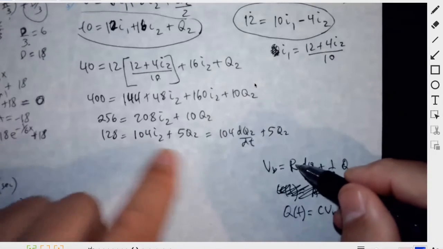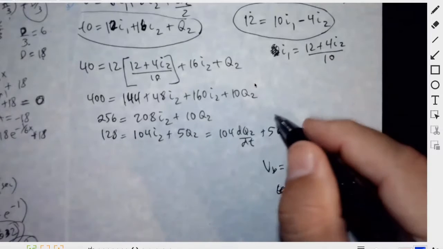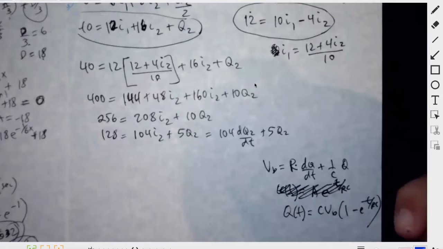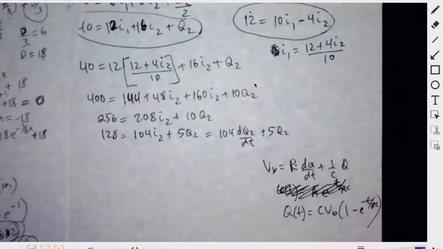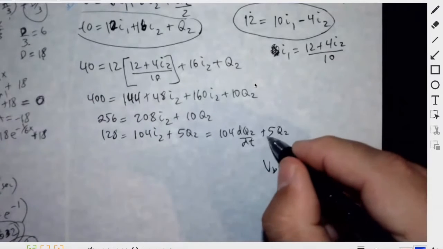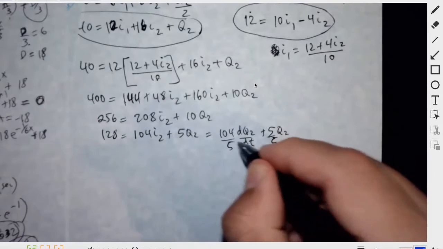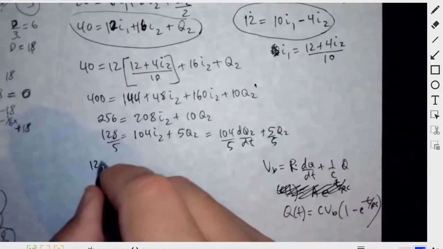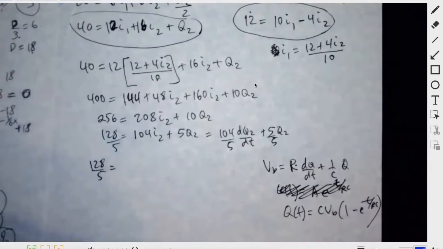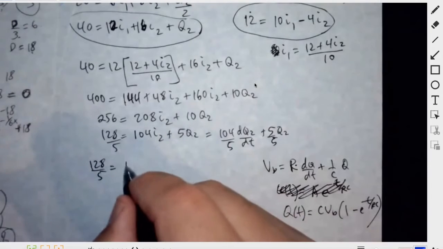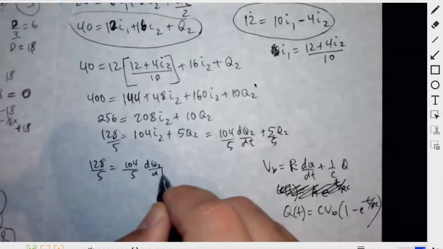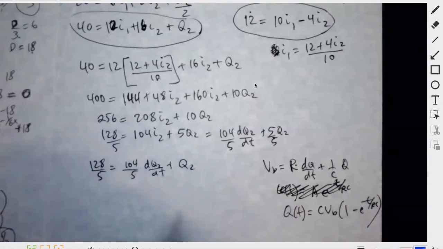So my R will be what? Well, I could divide everything by 5, and then it looks like this: 128 over 5 is equal to 104 over 5 dq/dt plus q2.